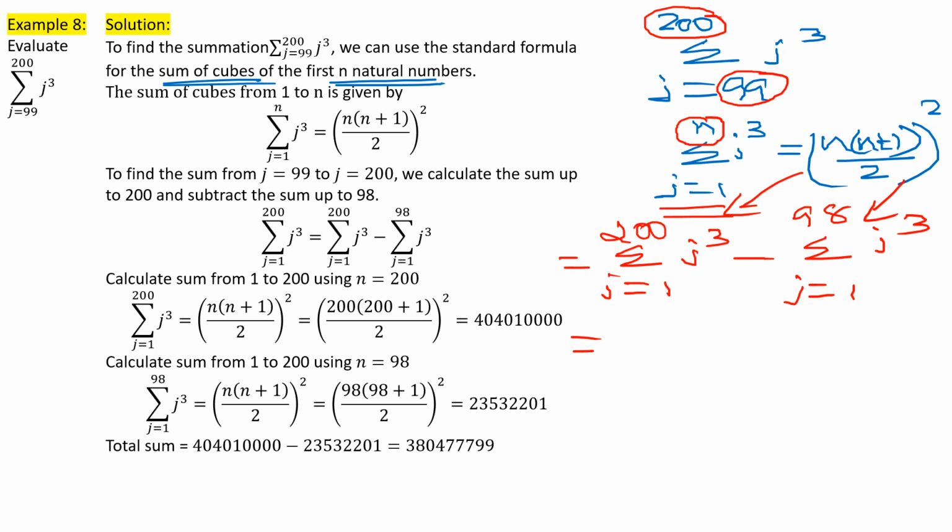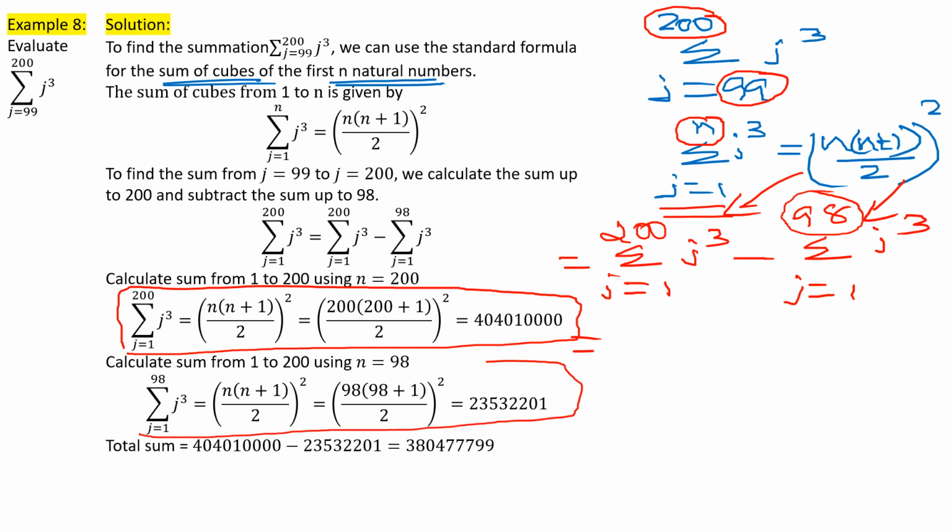So if I apply this one, the first one, sigma j equal to 1 to 200 of j to the power 3, you will get this answer. It's a big number. Okay, then we have to find n equal to 98, because here the total number of terms is 98 for the second summation. If I use the same formula, you will get this value.